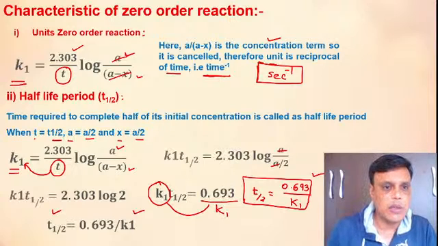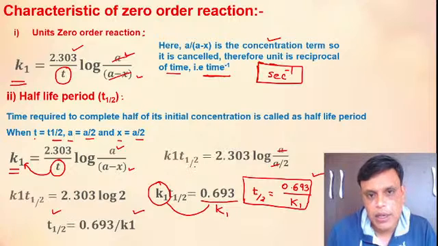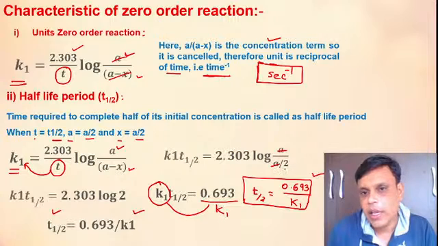And when t is equal to t half, a is equal to a by 2 and x is equal to a by 2. Start with this equation: K1 is equal to 2.303 divided by t into log a by a minus x. If you transfer this t to the left hand side and put the value a minus x is equal to a by 2, you will get K1 t half is equal to 2.303 log a by a by 2.